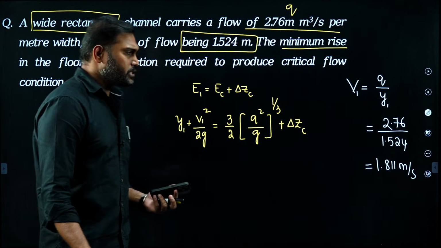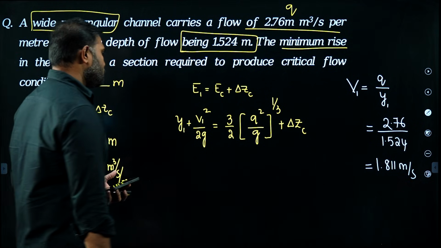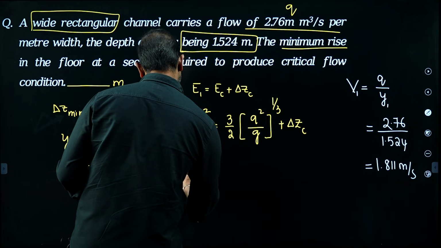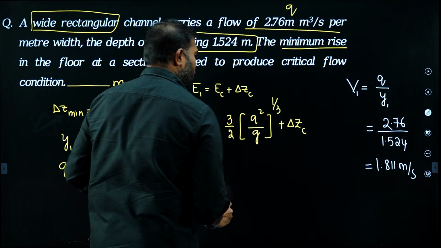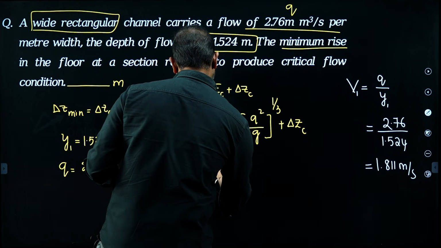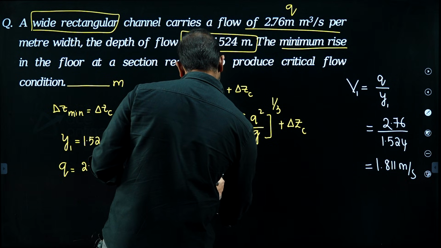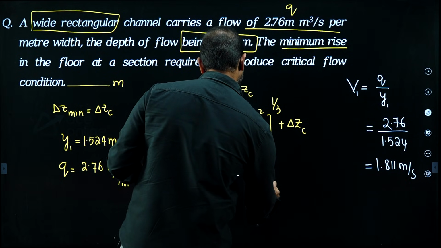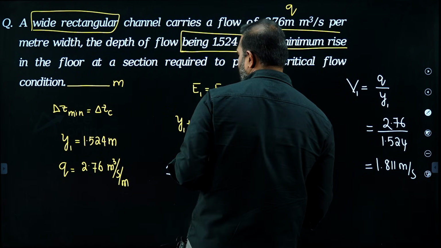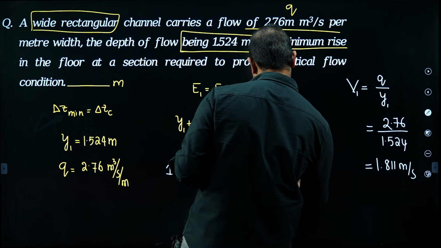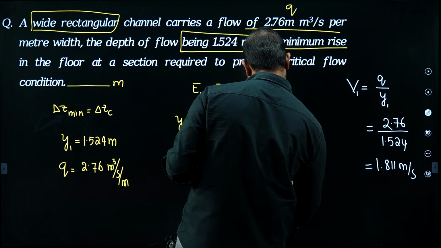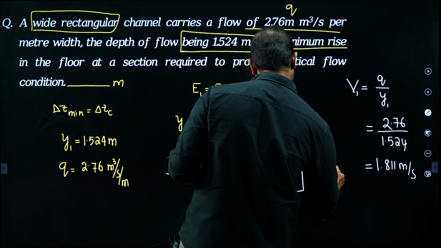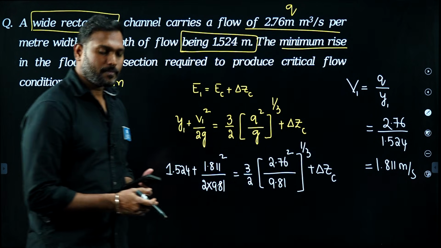Now simply substitute over here. Y1 is 1.524 plus V1, 1.811 square by 2 into 9.81, is equal to 3 by 2 into Q square, and Q square is 2.76 square by 9.81 whole power 1 by 3 plus delta ZC.